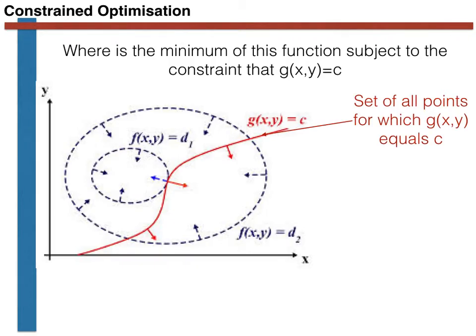Now consider the following pair of functions. In blue we have the function f of x and y, and in red we have the constraint g of x and y equals c. Where is the minimum value of the function f of x and y for which g of x and y is equal to c?